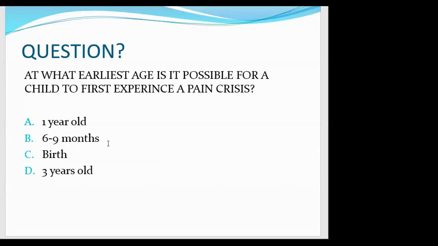Evaluate for other things other than sickle cell. I mean, it still needs to be on your differential list, but you want to evaluate other things as the cause of pain. After 6 to 9 months, sickle cell needs to be high on your list of differentials.